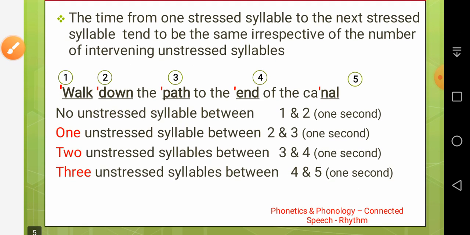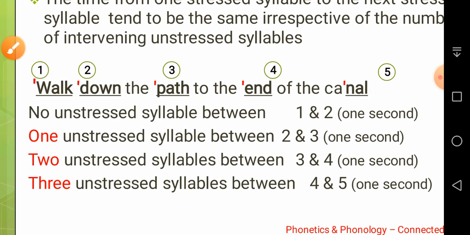For BS students, catching this idea of stress timing and rhythm may be a bit challenging, but as time passes, these notions of stress timing and rhythm will be quite clear to them.